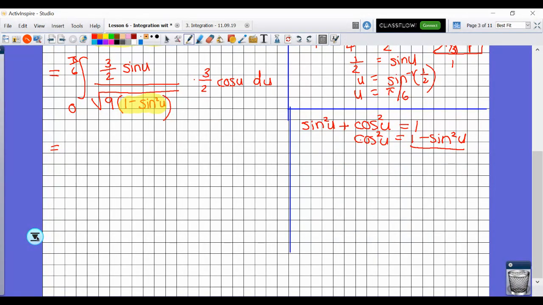So integral sign between 0 and pi over 6, 3 over 2 sine u, and it's now all over the square root of 9 cos squared u, still multiplied by 3 over 2 cos u du. Okay, so the whole point of doing that is because I can then work out the square root of this.